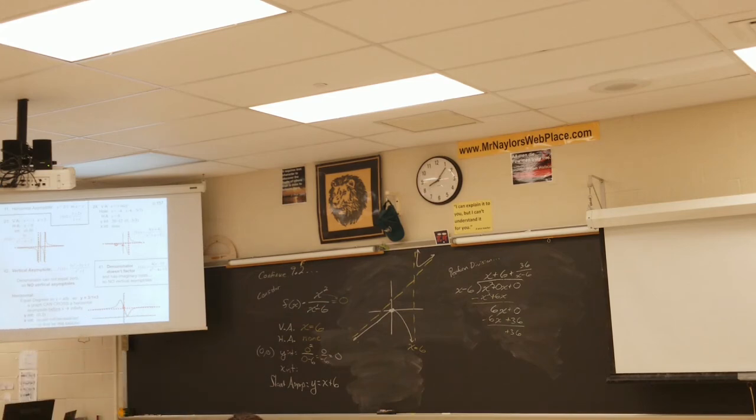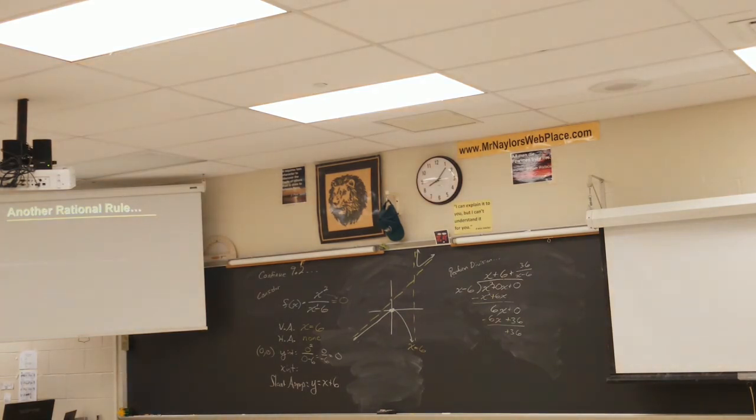Okay, now what you're going to learn is that to find a slant asymptote, you only really need two things. You need the degree of the numerator to be exactly 1 greater than the denominator. This is also a very important idea. You need the numerator to be exactly 1 greater.